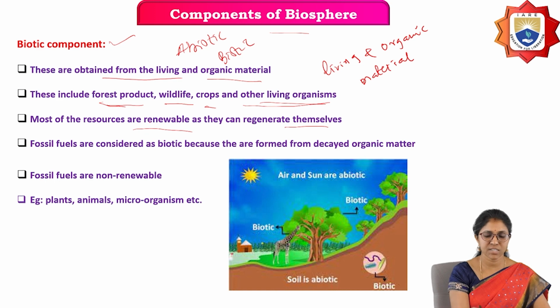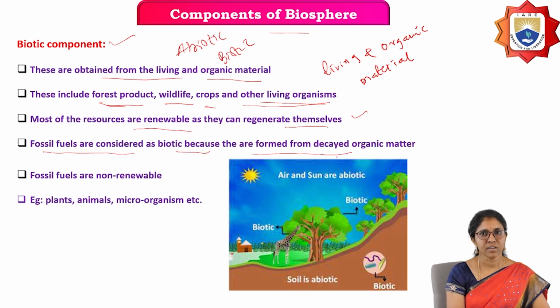Most of these biotic resources are renewable, but fossil fuels are also considered biotic because they are formed from decayed organic matter. By decaying of organic matter, we get fossil fuels.